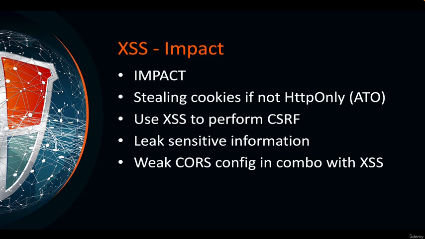If you have a cross-site scripting vulnerability, you basically can do the same thing as the victim user could do in their browser. So that's always important to keep in mind. You have the same control. And very often you can leak sensitive information. You can also use CORS in combination with cross-site scripting, so you use cross-site scripting in order to basically launch a CORS AJAX request. But we'll come back to this in a bit when we talk about CORS.